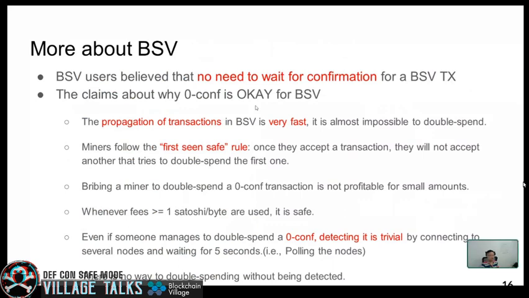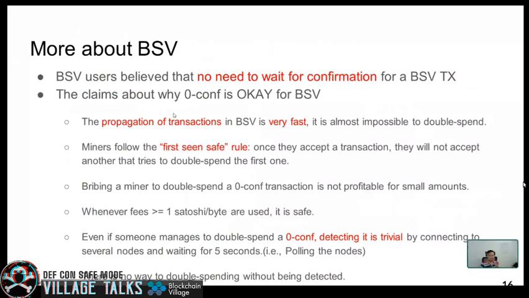Before talking about that, I will have to talk about more details about BSV. So first, BSV users believe that there's no need to wait for confirmation for a Bitcoin SV transaction. And why is that? Because they believe they can do zero confirmation.